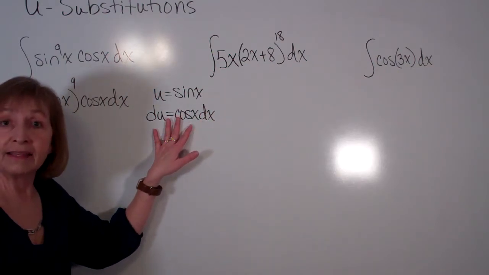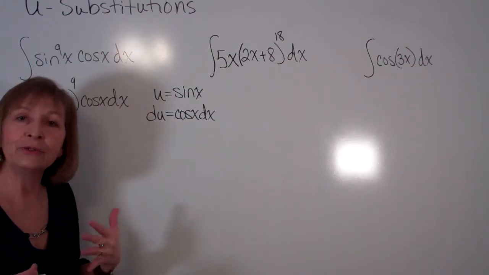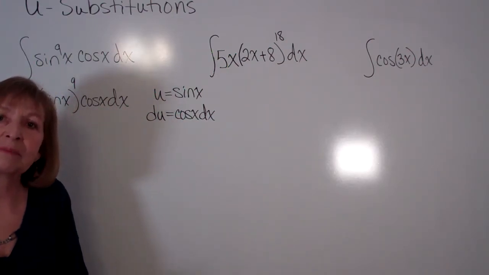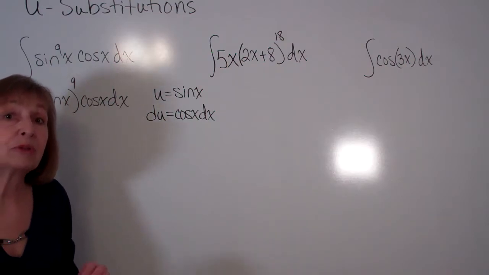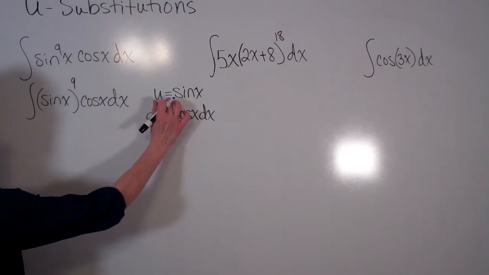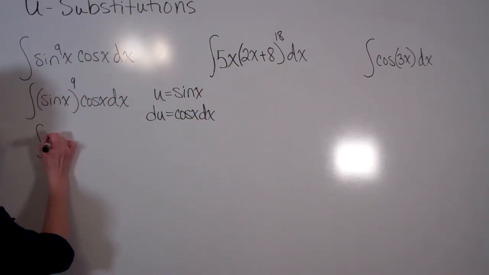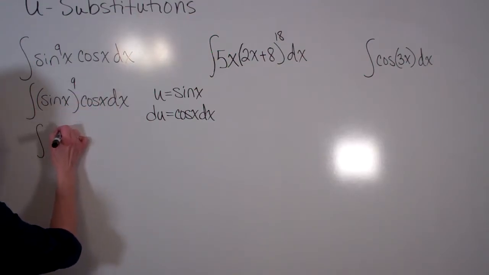Now, once you've gotten this figured out off to the side, you come back to your original question and you see if everything replaces back into the variable u. Here I have my u representing sine of x, so I'll put a u here. So I have the integral of u to the power 9.